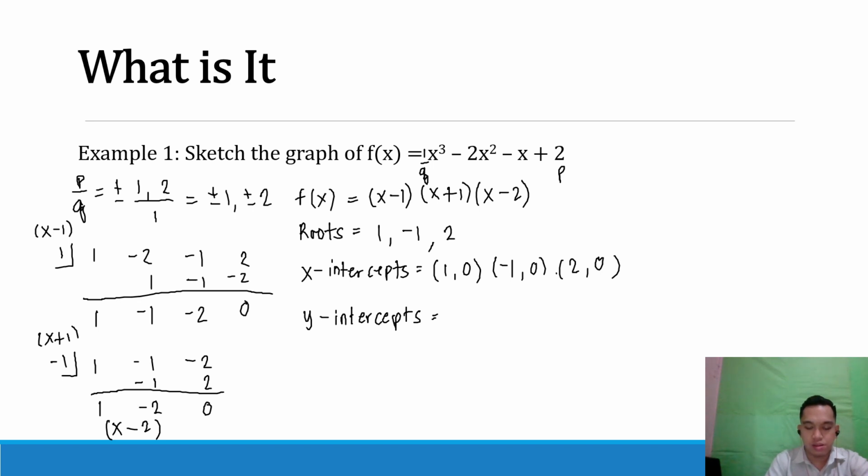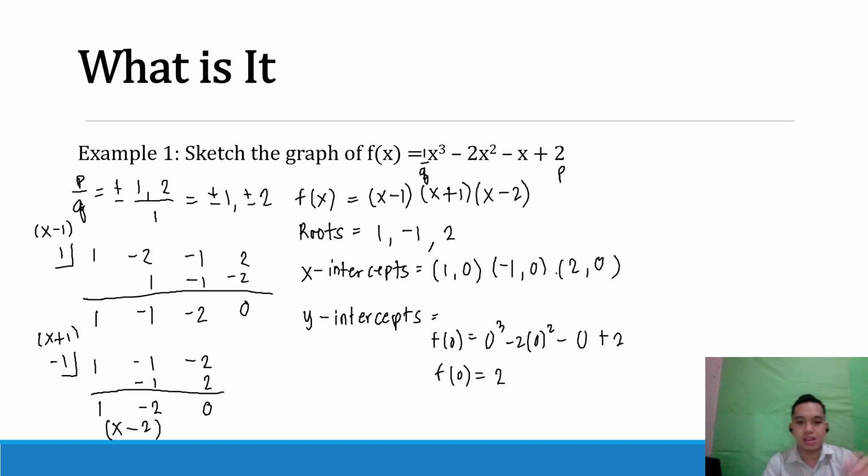So f of 0 equals 0 cubed minus 2 times 0 squared minus 0 plus 2. Automatically, that becomes f of 0 equals 2. So only 2 is left.